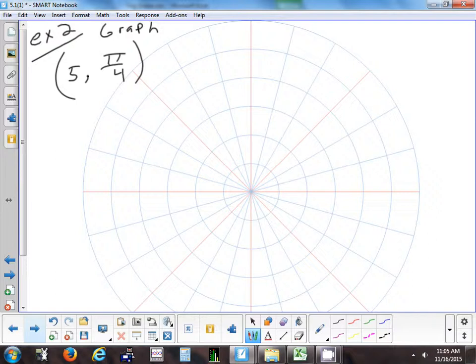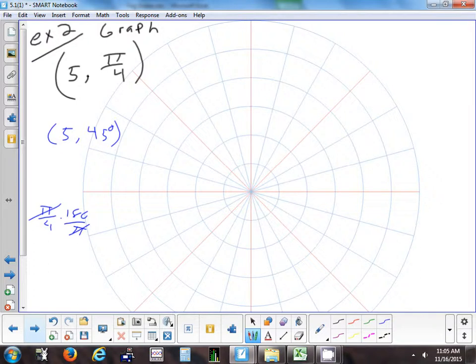You do 180 over pi to figure it out. So we really end up with 180 divided by 4. It's 45 degrees. This step isn't necessary if you know that in your head.